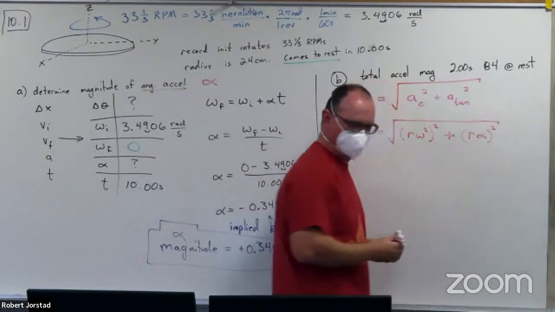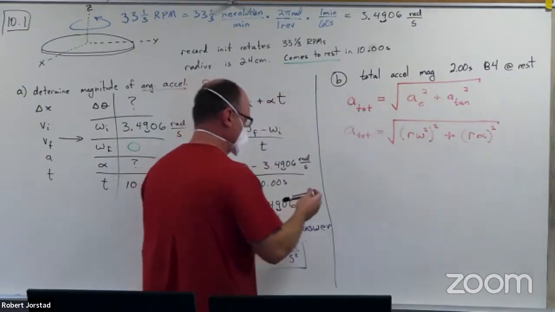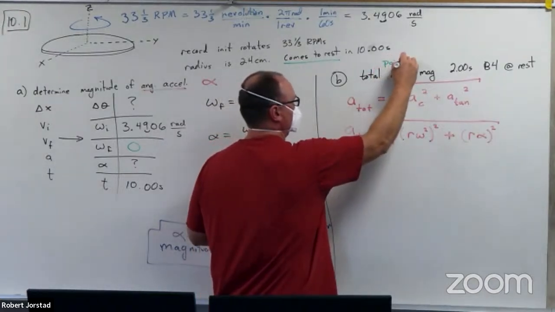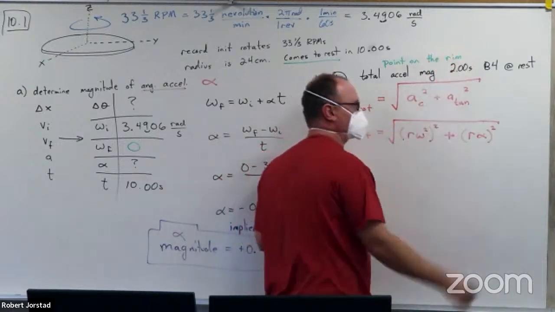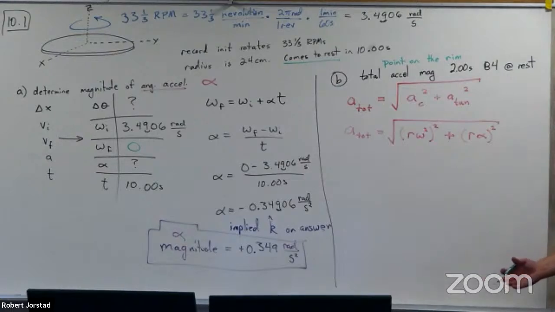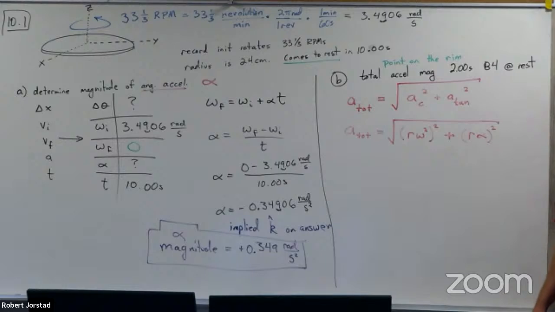Oh, wait a minute. I got to read carefully. It said specifically point on the rim. Why is that important? If we know we're on the rim of the record, what information does that tell us? We know the radius.